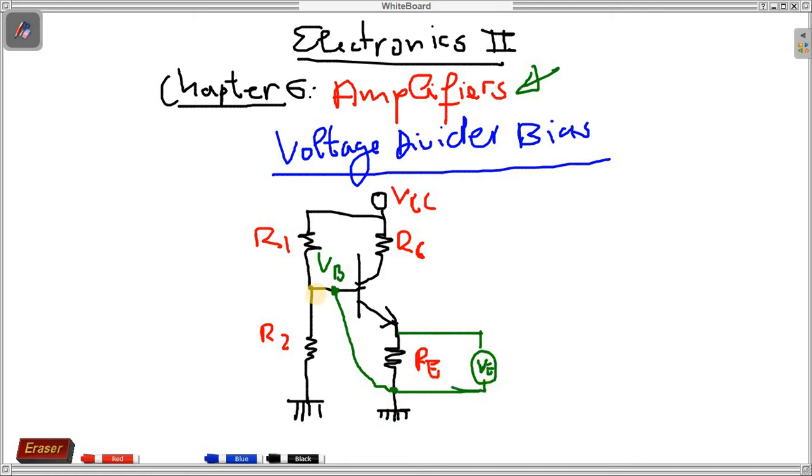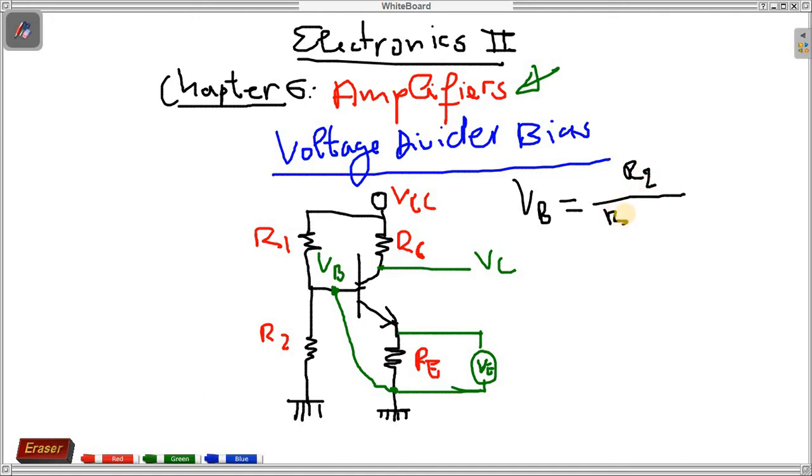And then VC will be from here. Here we're going to measure VC, and then we learn to calculate VC. To calculate VB, VB will be R2 over R1 plus R2 times VCC.